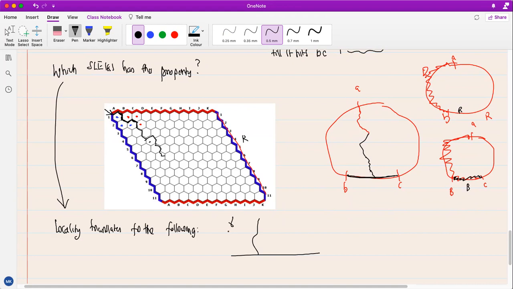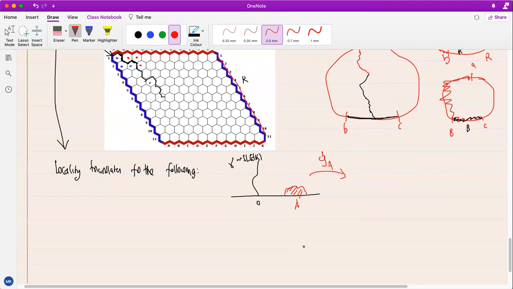So this is gamma, which is SLE kappa. You take it starting from 0 going to infinity, and let's take some hull, some set like this. This is some set A, and we map it by GA. GA is the map that kills this.